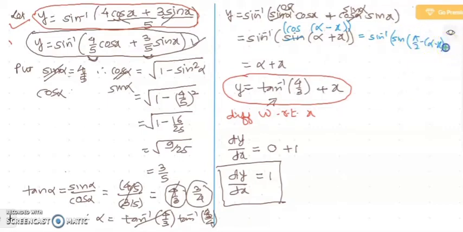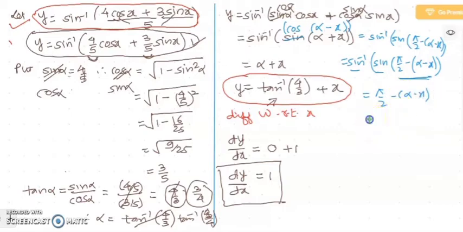This is what you would have written, which gives us sine inverse of sine of that bracket, which is that bracket. So it would have become pi by 2 minus alpha minus x, which if you solve it will be pi by 2 minus alpha plus x.